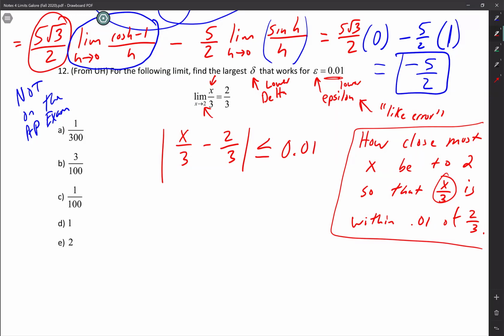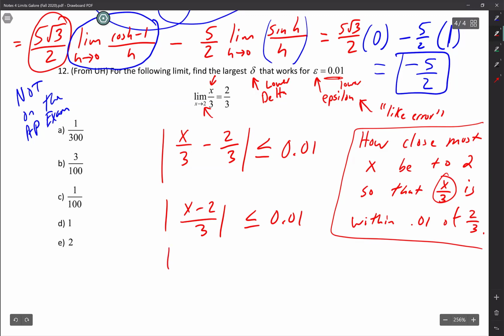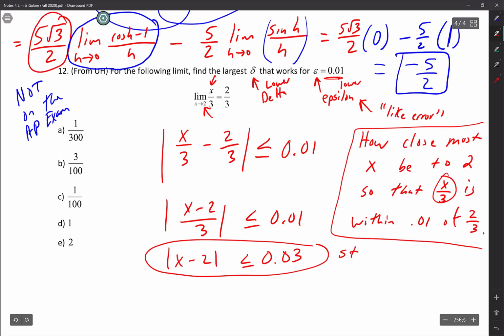So then we just solve. X minus 2 over 3 less than or equal to 0.01, times 3, x minus 2 is 0.01 times 3, which is 0.03. You can stop here, but I'm going to keep going one more step. If they wanted the x values, they don't. They want to know the tolerance of it. So the tolerance is 0.03.